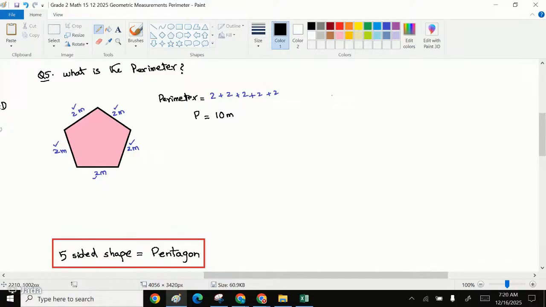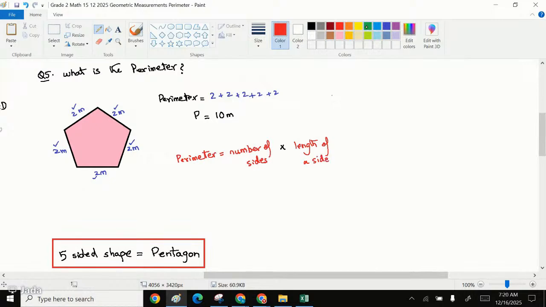But let's suppose we have an alternate. See, we can say perimeter, since all the sides were the same, right? That means number of sides multiplied by length of a side, right?